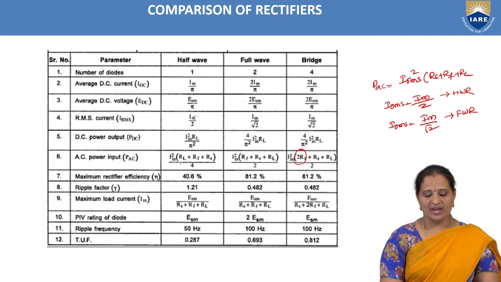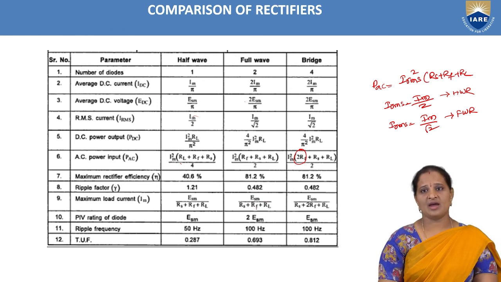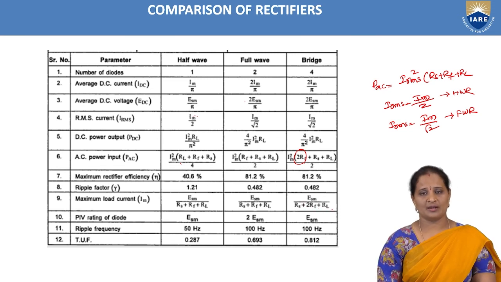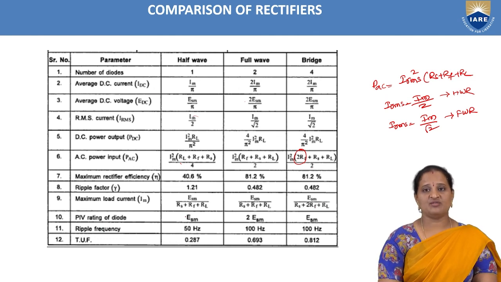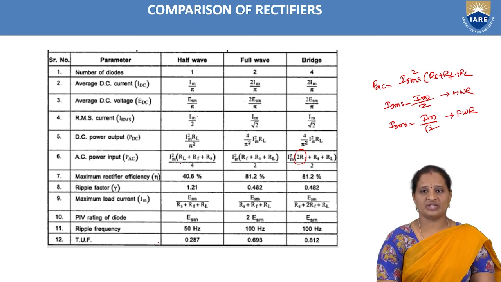And maximum load current is Vm by (Rs plus Rf plus RL) for half wave rectifier and for center tap full wave rectifier, and in case of bridge rectifier, Vm by (Rs plus 2 Rf plus RL), because 2 diodes are on at a time. And peak inverse voltage of the diode is Vm in case of half wave rectifier, 2 Vm in case of center tap full wave rectifier, and again Vm in case of bridge rectifier.